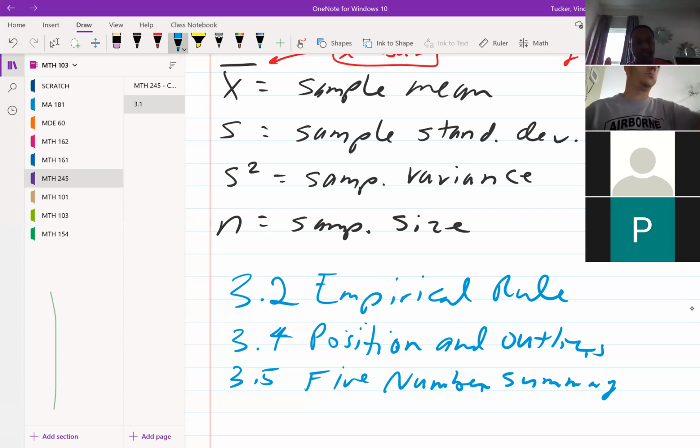I actually could finish this out next class, but I'm going to try to hold this off for all of next week, because I don't want to jump into another chapter real quick without giving you a chance to do everything you need to do to be ready for the next chapter. So next week we will do these three sections, and we'll be done with chapter 3, and we will go from there.